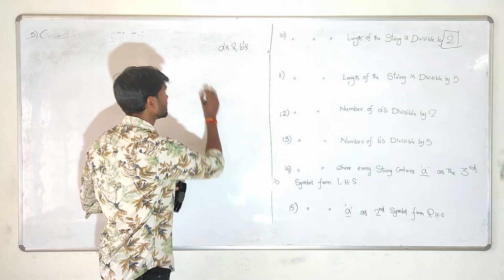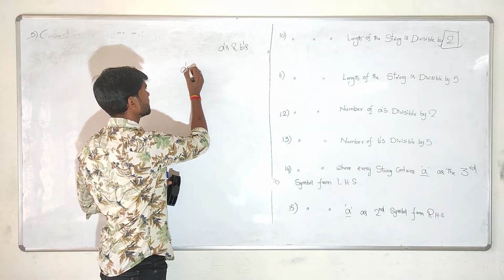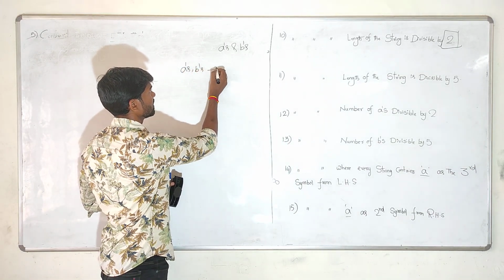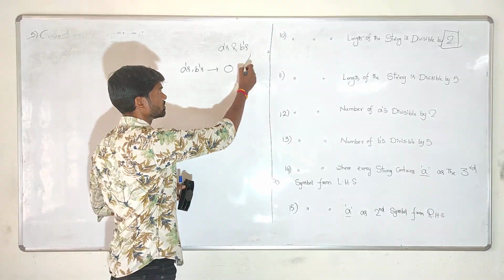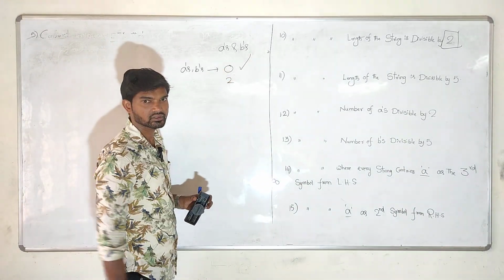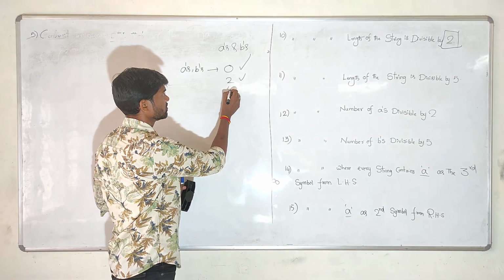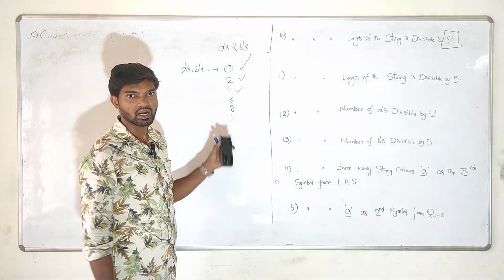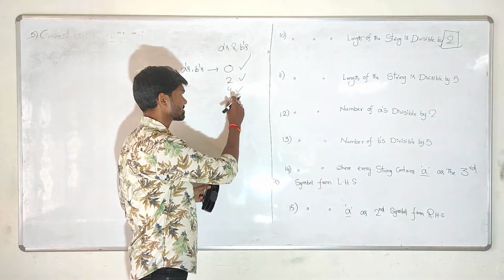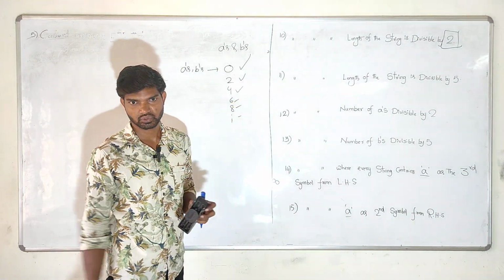Length 0 is divisible by 2, yes. And 2 is divisible by 2, yes. 4 length string, 6 length string, 8 length string, and so on. All even length strings are divisible by 2.